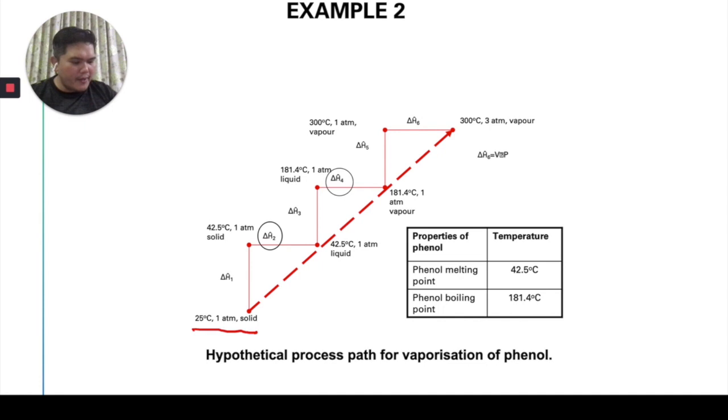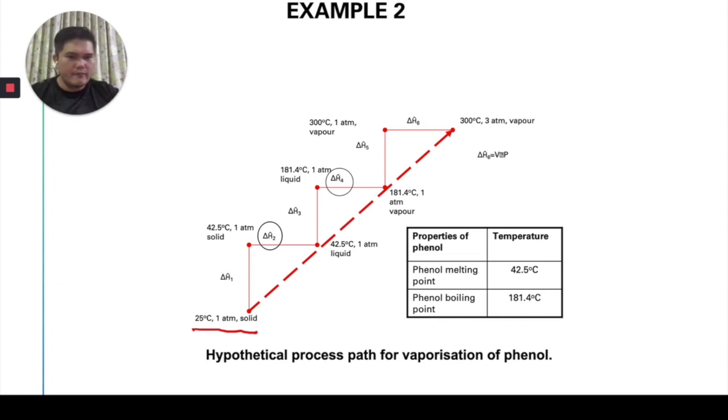So we may want to pick 25 degrees Celsius, 1 atm solid as our reference point, the starting point from which we calculate the enthalpy changes to the final state that we are interested in. So how do we get the properties of phenol?